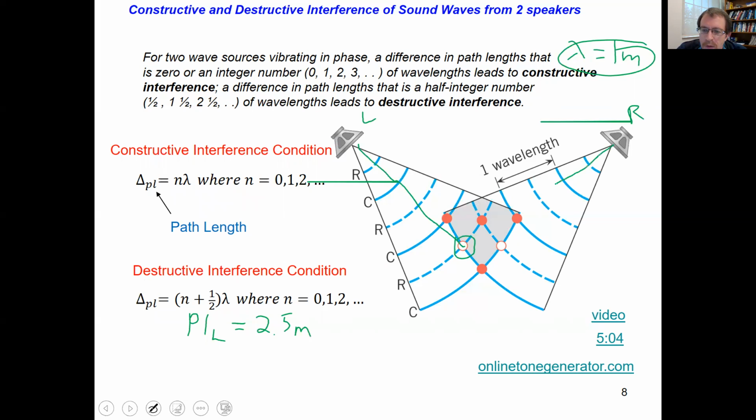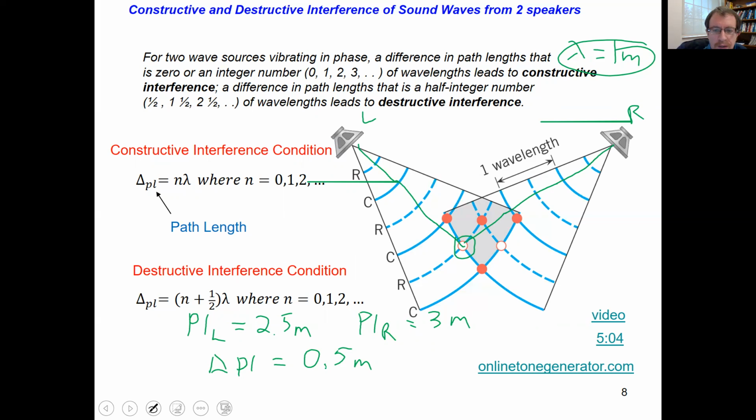I am 1, 2, 3 meters away, so my path length from my right-hand speaker is equal to 3 meters. The difference between those two is 3 meters minus 2.5 meters, which is 0.5 meters. So that's my path length difference.